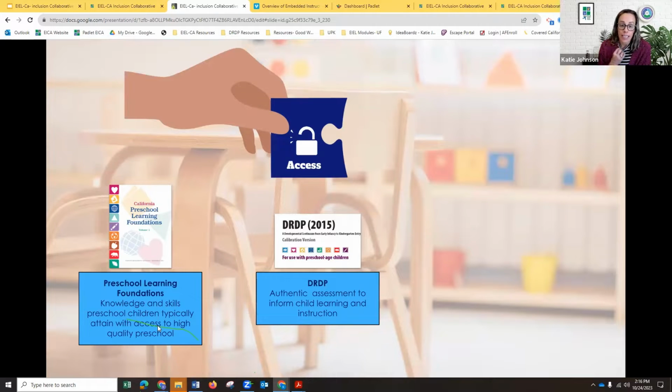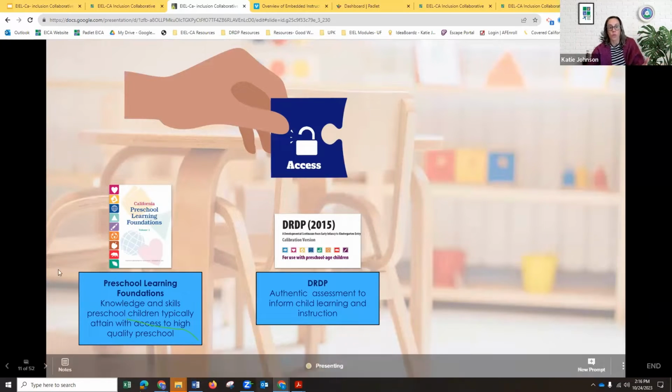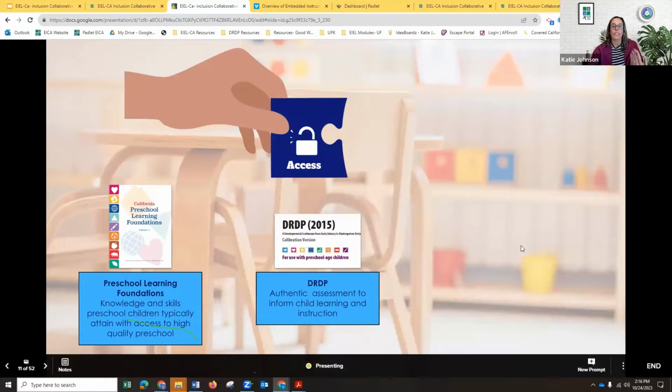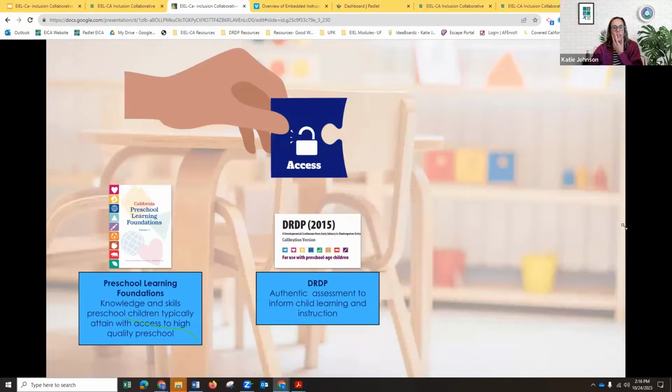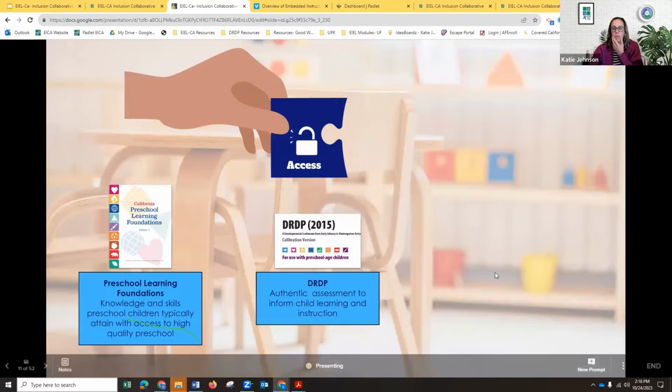So we've got that access piece. We've got kiddos within the classroom. We have these tools that give us the what of teaching, right? And the DRDP helps us with where the child is. And those are things that our teachers are already using in the classroom.